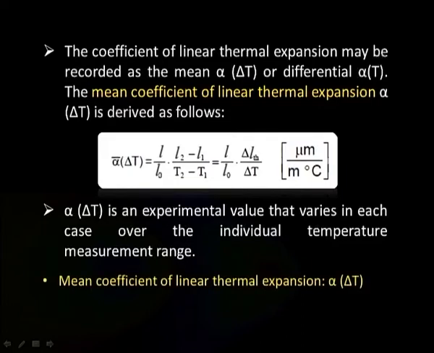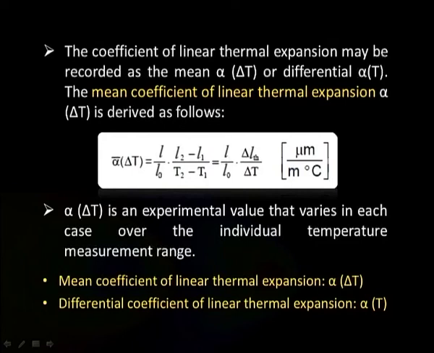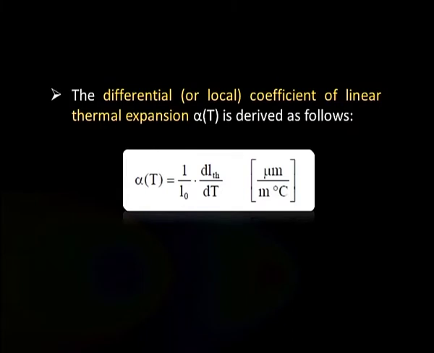Mean coefficient of linear thermal expansion is alpha delta T. Differential coefficient of linear thermal expansion is represented as alpha T. The differential or local coefficient of linear thermal expansion alpha T is derived as follows, where alpha T is equal to L by L0 multiplied by dL divided by dt.